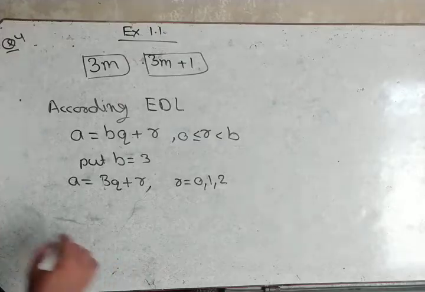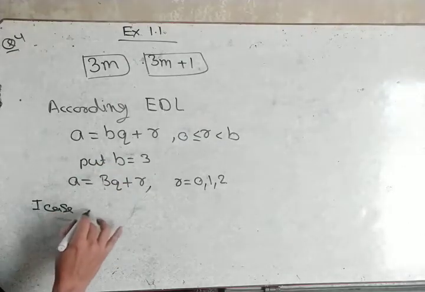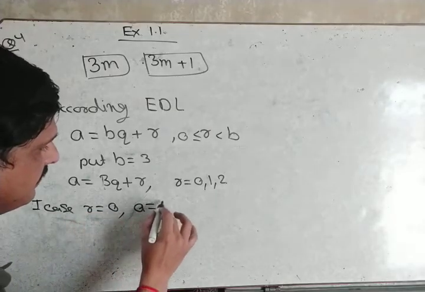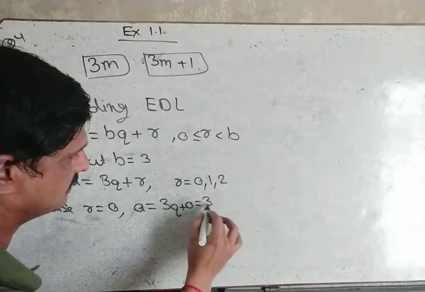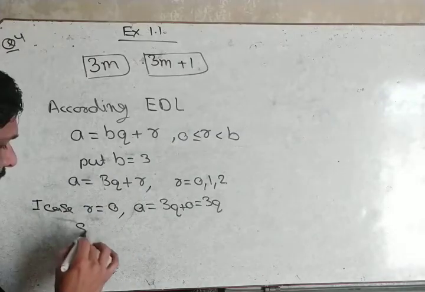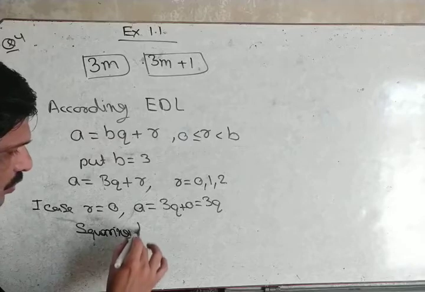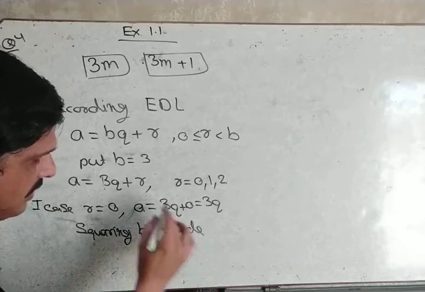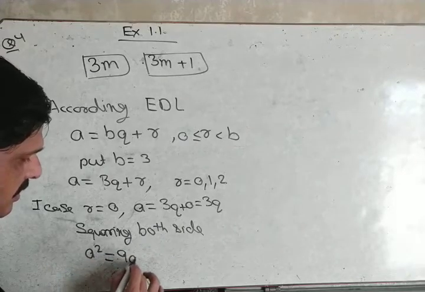First case: r equal to 0, then the number becomes 3q plus 0, that is 3q. Squaring both sides, we get a square, that is 9q square.